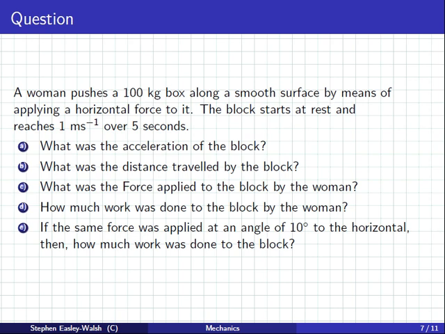It's V minus U over t, right? Yeah, it's 0.2. What's the distance travelled?